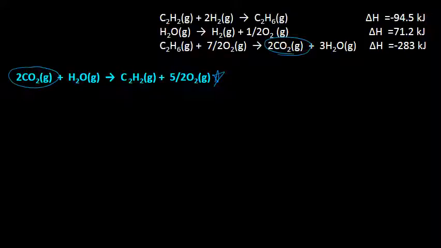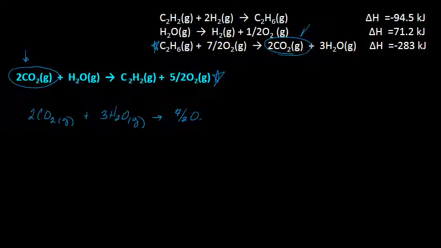Okay, well, since carbon dioxide's a reactant, and over here it's a product, I'm going to flip this equation. So we start with 2 carbon dioxides, and that's a gas, plus 3 waters, and that one is also a gas, and that yields 7 halves O2.